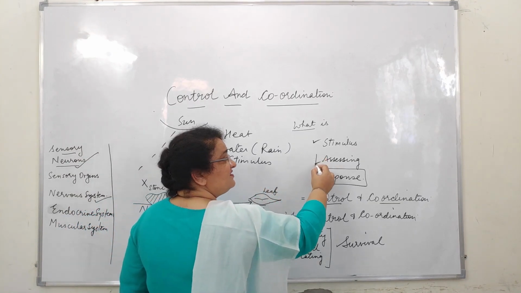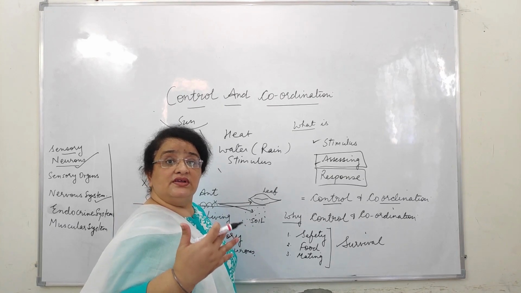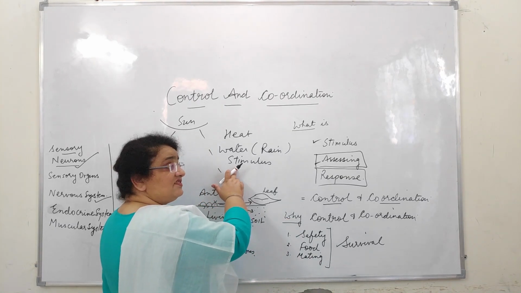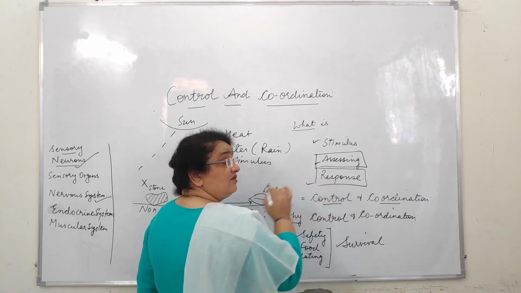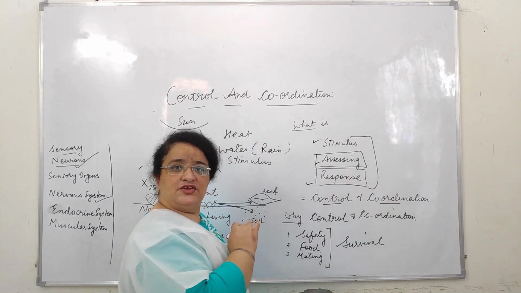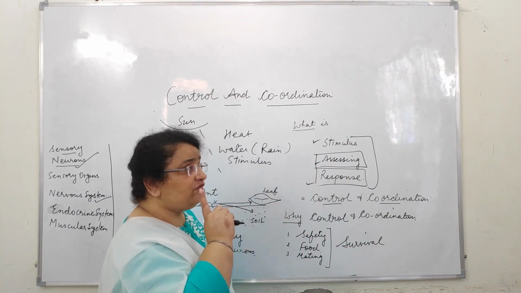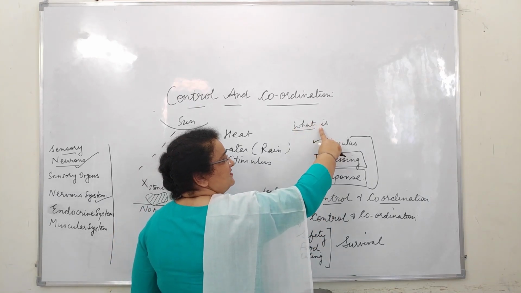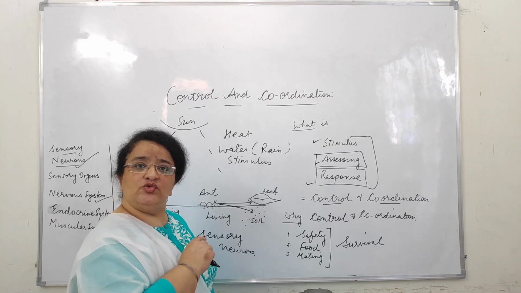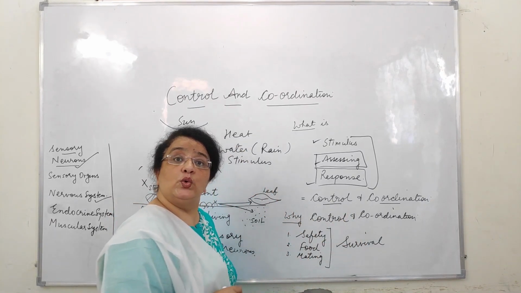The nervous system assesses it, decides how the organism will react, and the reaction of the organism towards the stimulus is known as the response. And this whole process constitutes control and coordination. So the first question was, what is control and coordination? And the next part we are going to answer is why organisms need control and coordination.